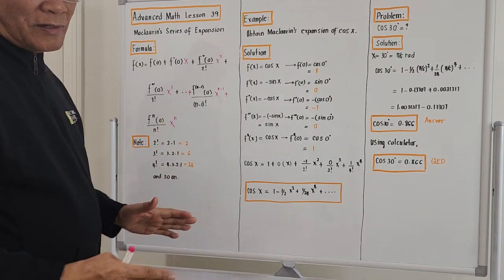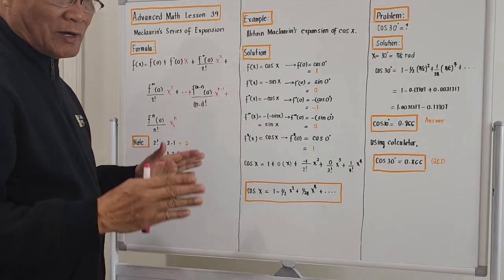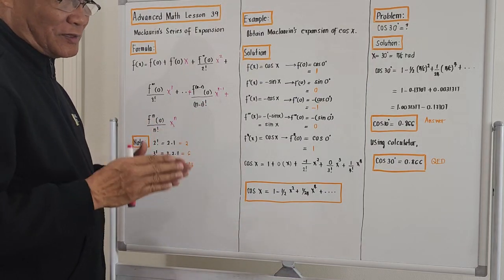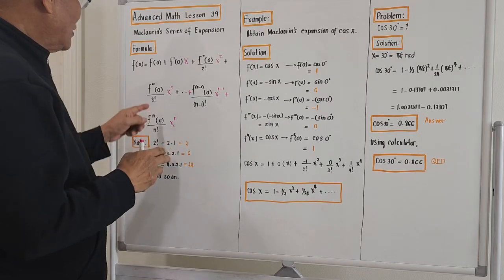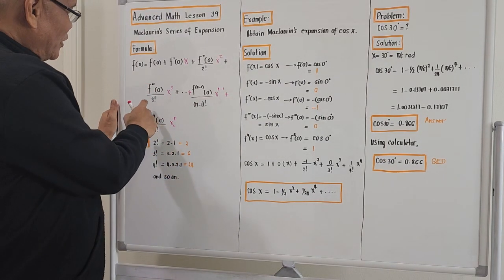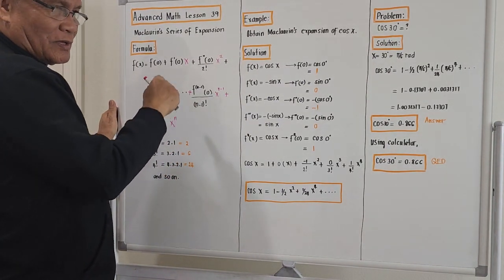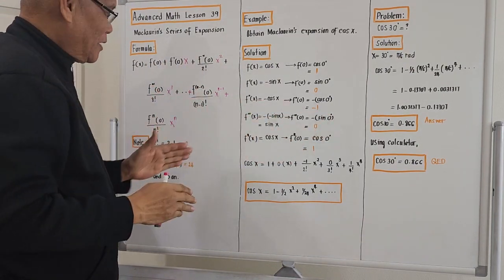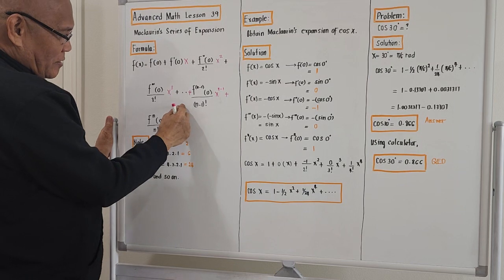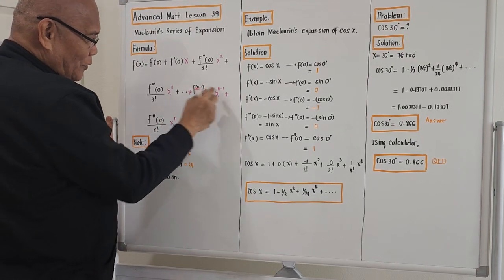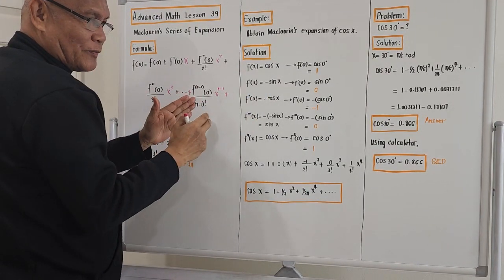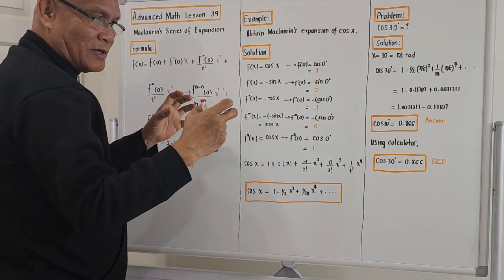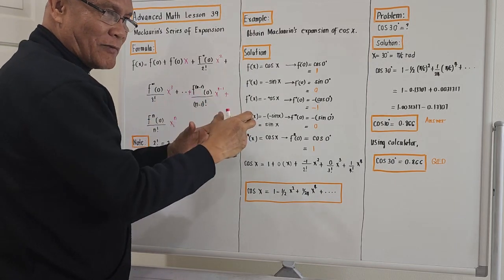But later on, if I give you a problem, I will say that up to the f triple prime or the fourth derivative, we could stop already, because when we compute the other values, the significance on the actual solution is minimal.